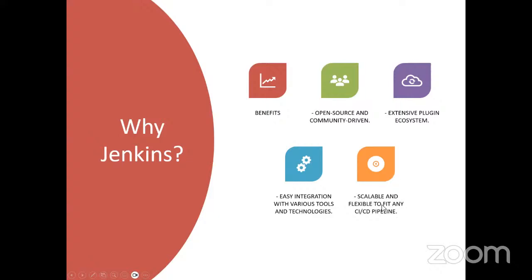So, scalable and flexible to fit. You can scale your workloads here for the build process. If you have multiple build processes, you can scale it as per your requirements, and you can fit any CI/CD pipeline. So you can create many CI/CD pipelines. This process is called a pipeline because you are doing the integrations and delivering things.